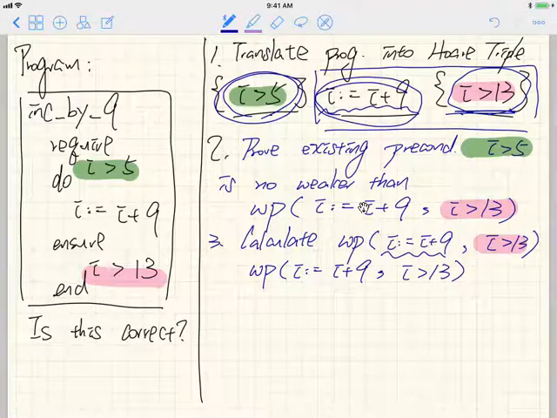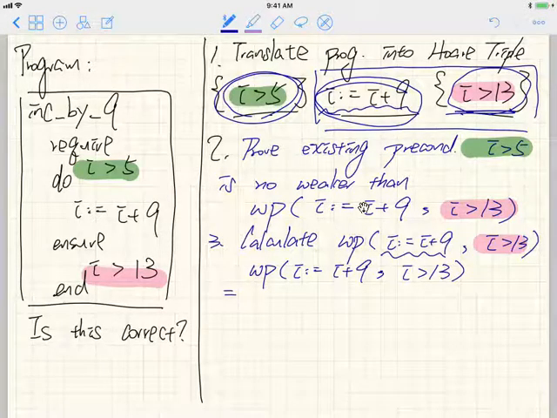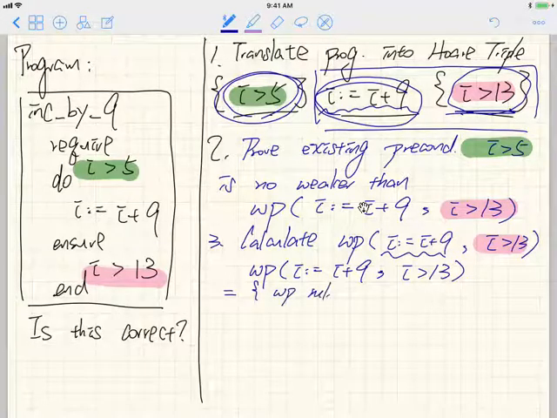So what's the weakest precondition for that? Now I'm going to say this is equal to something else. In the equal sign over there, I'm going to give some reason, which rule I'm applying. It will be sufficient if you simply say WP rule for assignments.